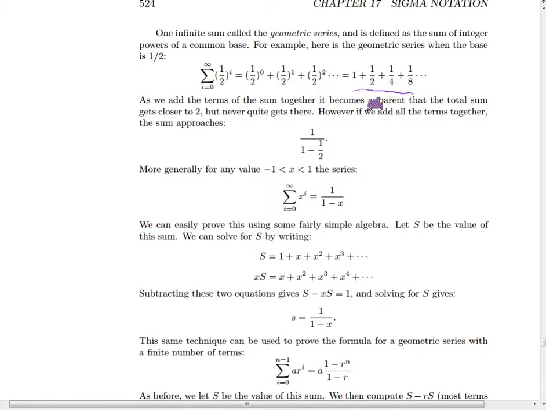And I'm sure you've seen this trick in high school. There's a way to sum this up to get this value. I'm not going to do it. You can go look on the web or your high school text and find this out. But this is the geometric series.